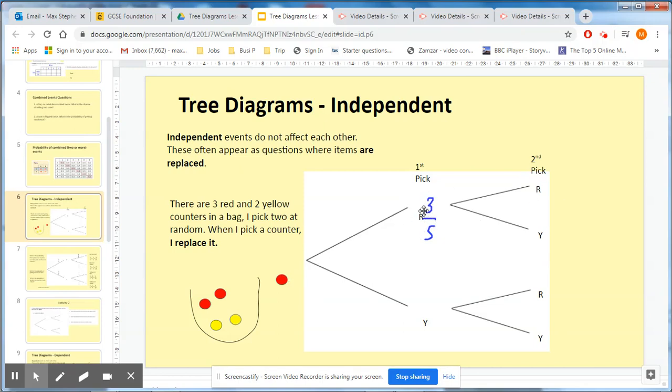I've just written down the probability there. Because I'm replacing it, for my next pick, it's going back into the bag. So in fact, what this means is for my second pick, the probabilities do not change. So I can say for my second pick, what's the probability of getting a red counter? That's still the same. Still going to be 3 out of 5. And the yellow, just 2 out of 5.